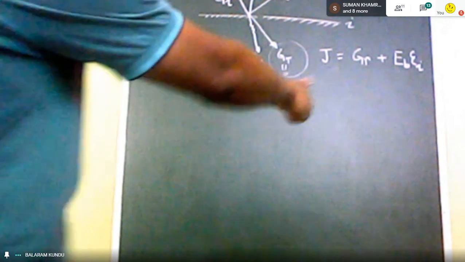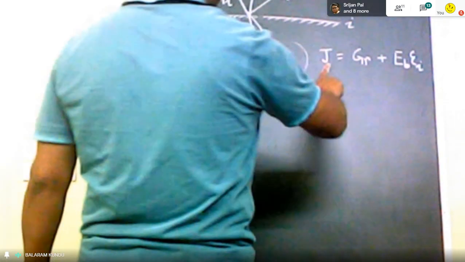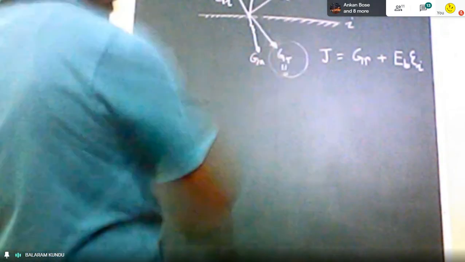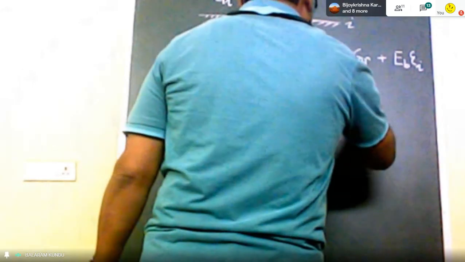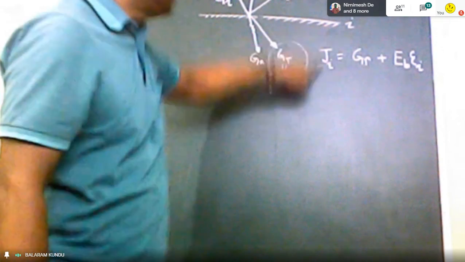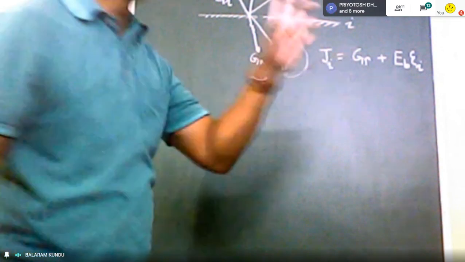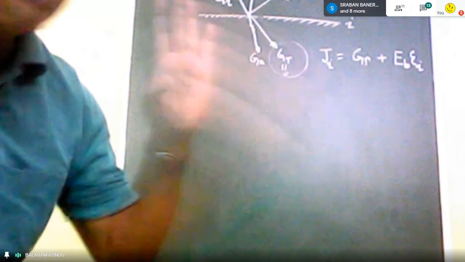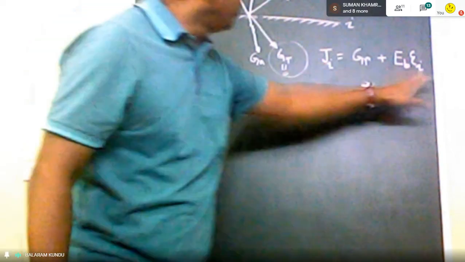For better understanding, since surface I has been considered, you can use the notation J suffix I instead of J. So J suffix I is the radiosity of surface I. Physically, it is the total radiation flux leaving surface I. So J has two components: one is the reflected component, and the other is the emissive component.